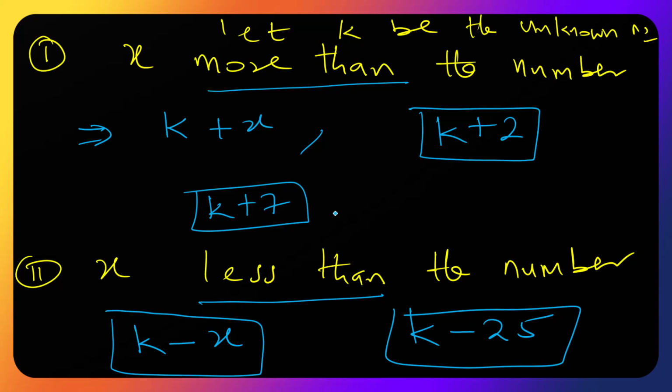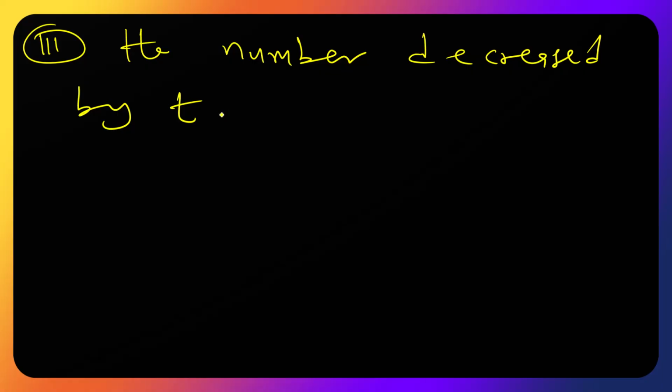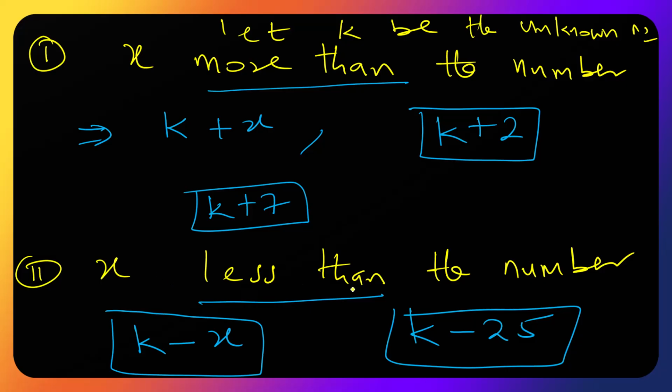All right, now let's talk about the next one, the third one. The number decreased by t. The number decreased by t is not different from less than.